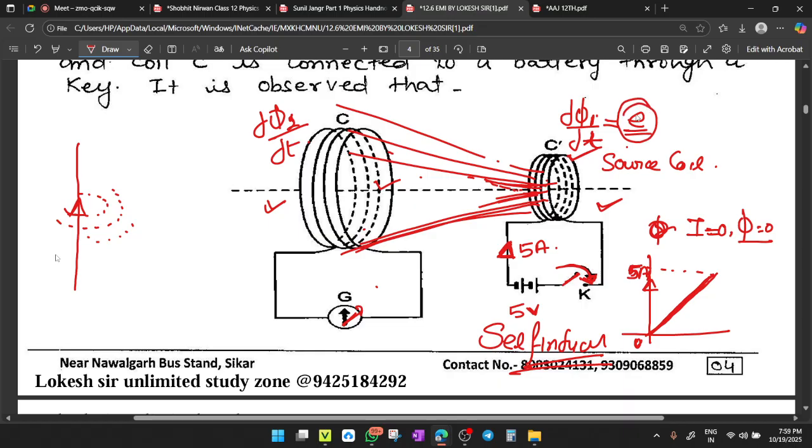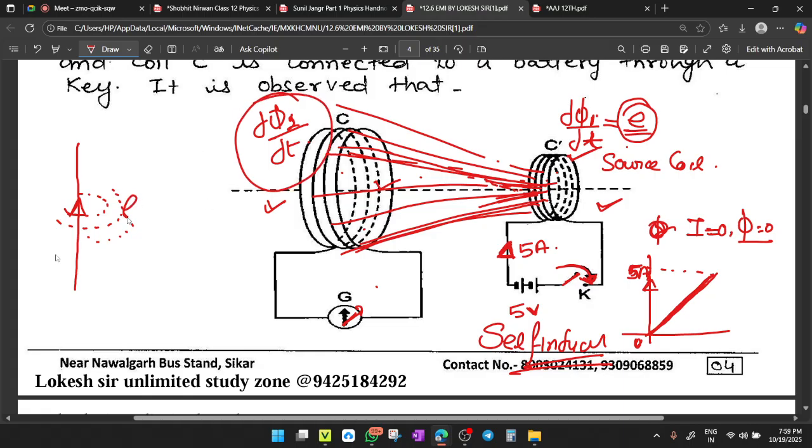But the changing flux produced by the source coil is also linked with the second coil, so some of this flux is also changing in the neighboring coil.